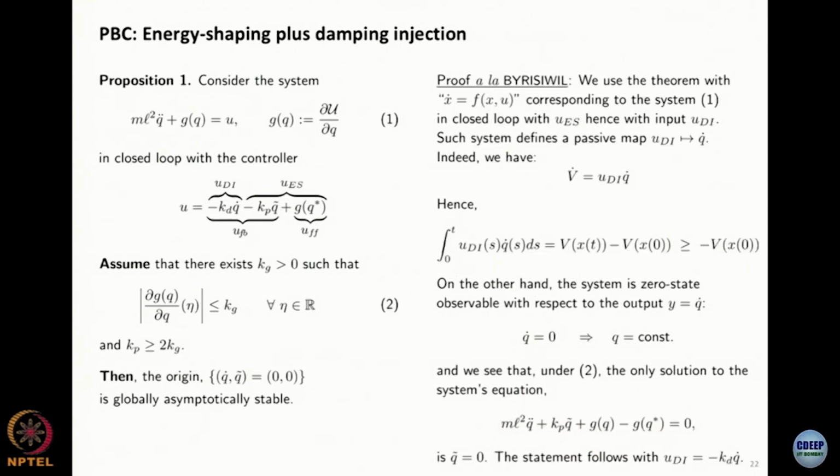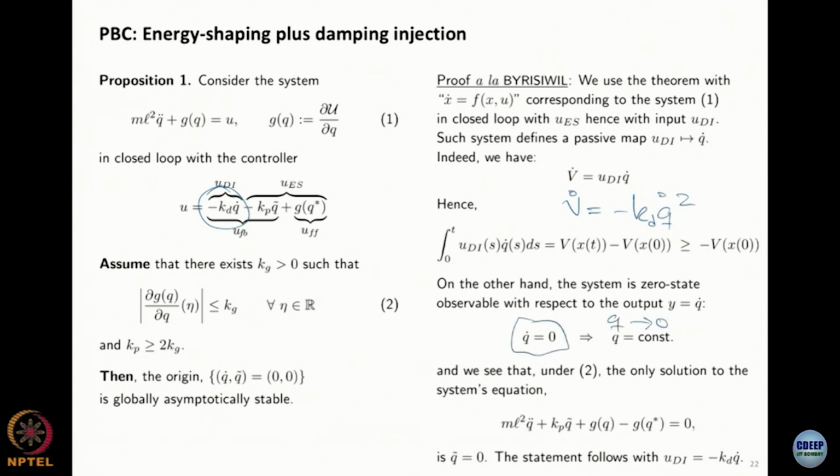It says that all I have to do is inject this guy. That will give me V dot. With this, it will give me minus KD Q dot squared. And then I have to check whether Q dot equal to 0 implies that Q goes to Q star.